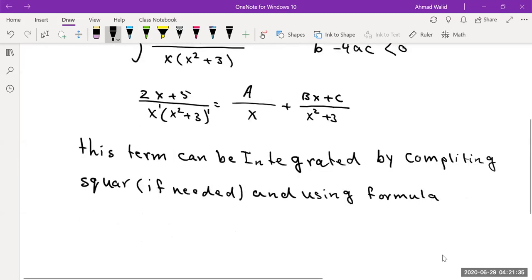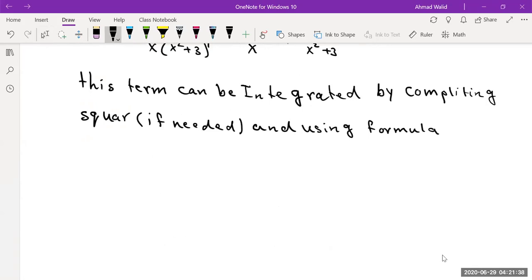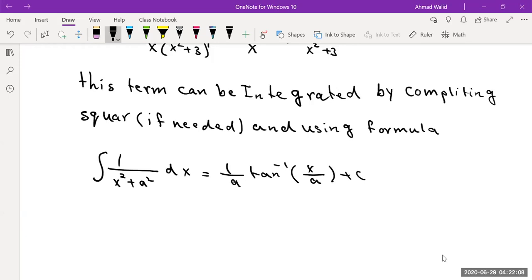I will put the formula. You know this integral, we did it in chapter 6 or maybe calc 1: the integral of 1 over x squared plus a squared dx equals 1 over a times inverse tan of x over a plus c.